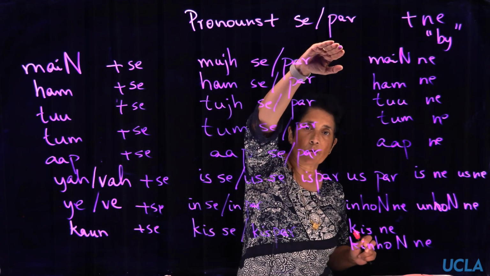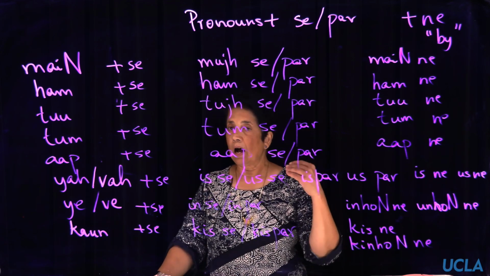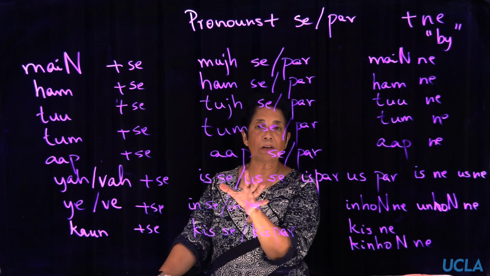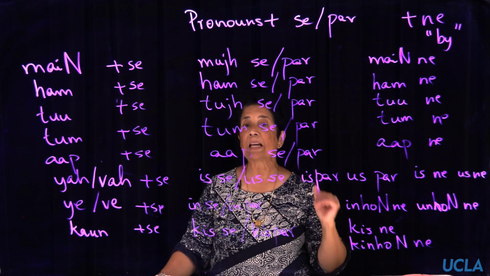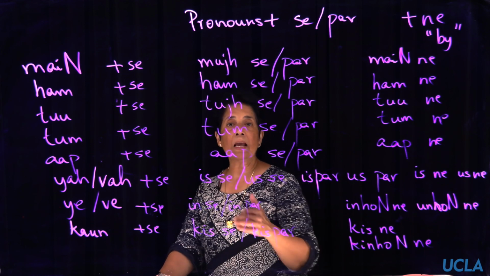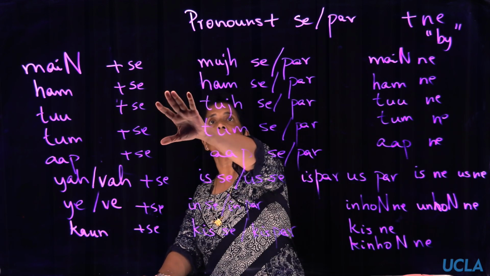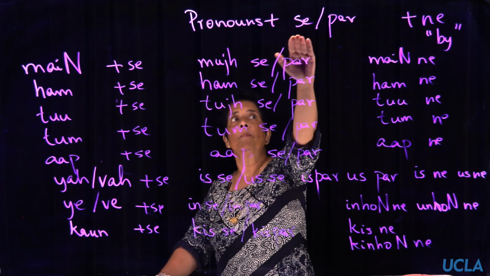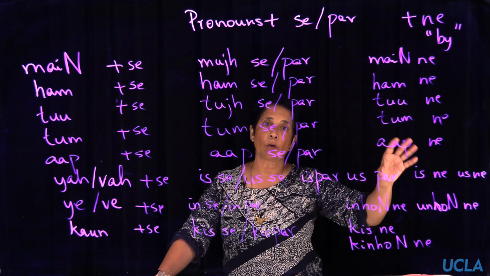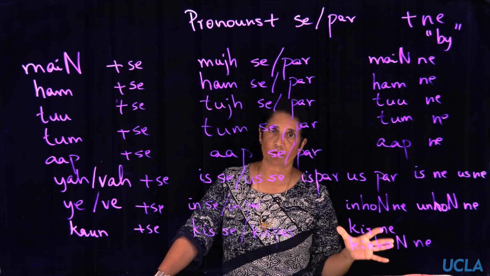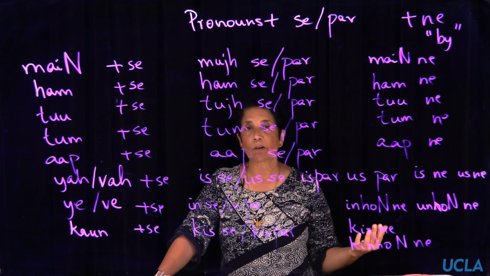followed by postpositions. Summing up, there were 3 main categories. So we had pronouns followed by ka, ke, ki. Secondly, pronouns followed by ko. And the third is this one, pronouns followed by se and par. And we do have pronouns followed by ne, but not much going on there. That's why I don't really consider it a full-blown category by itself.